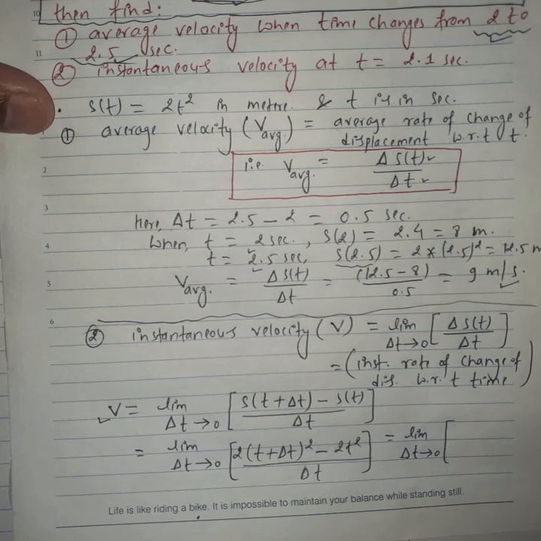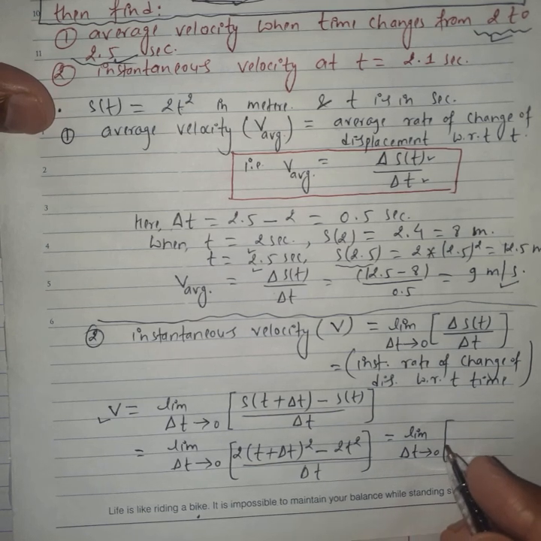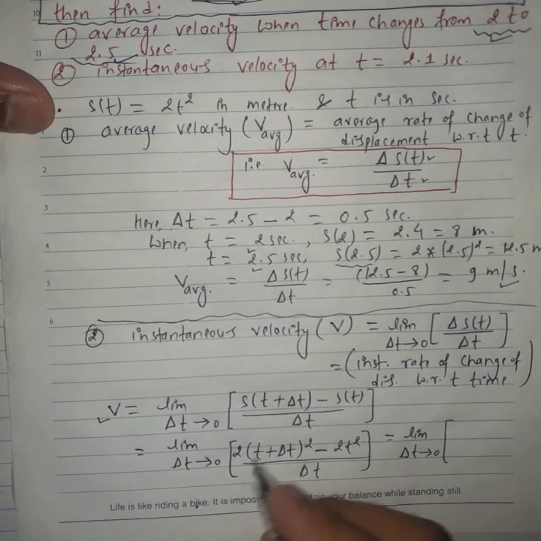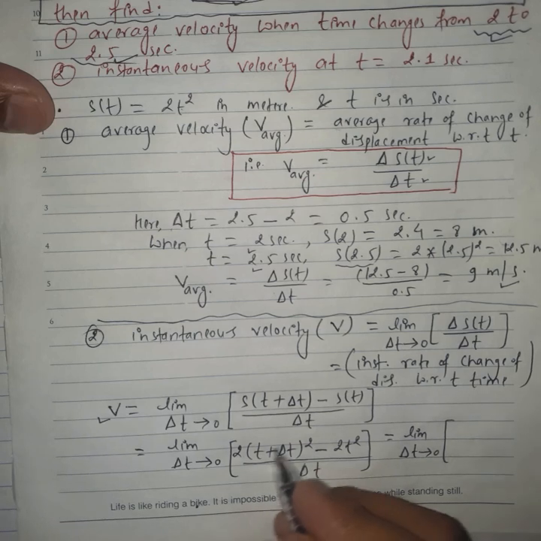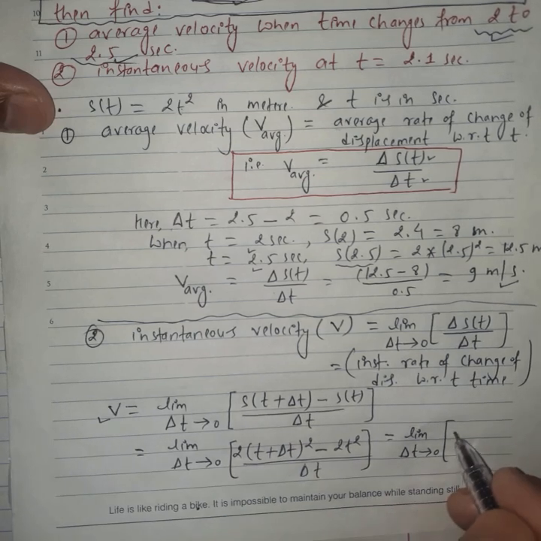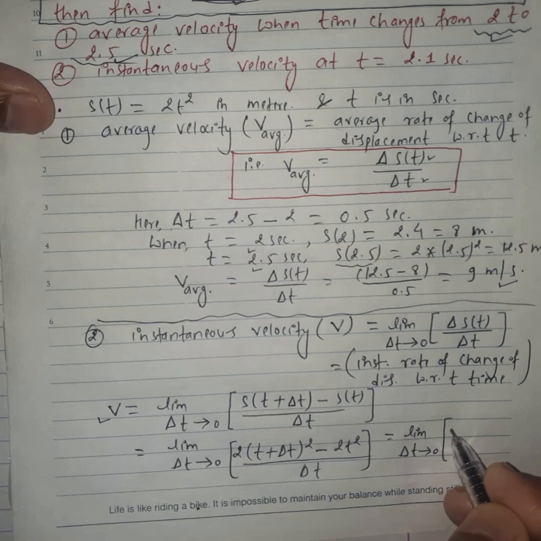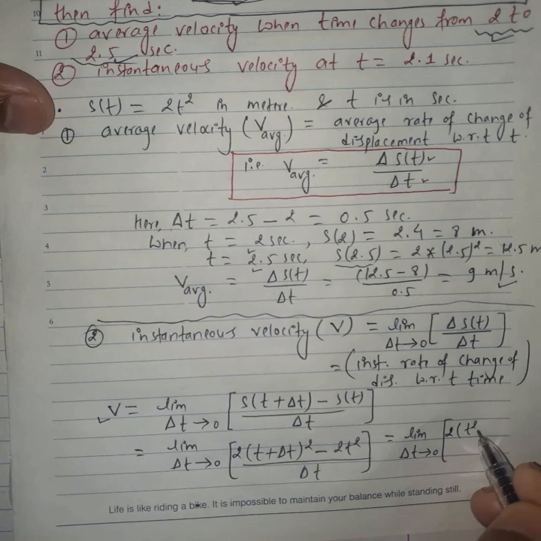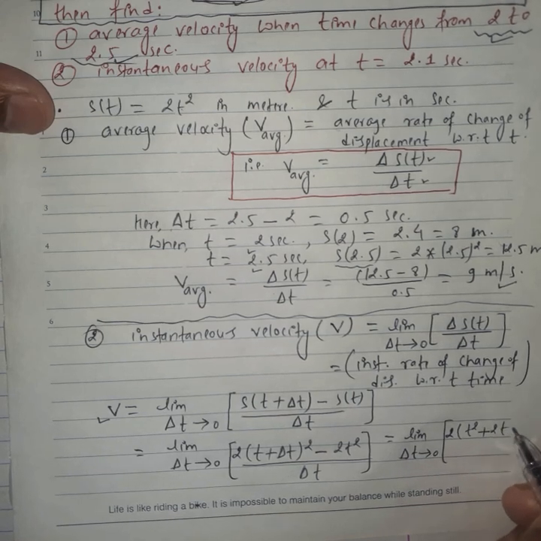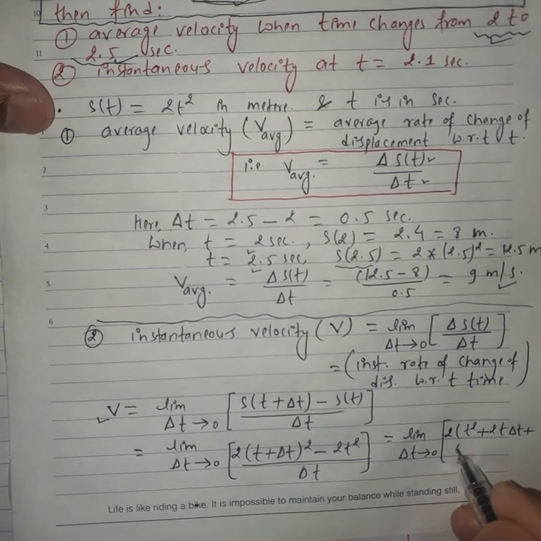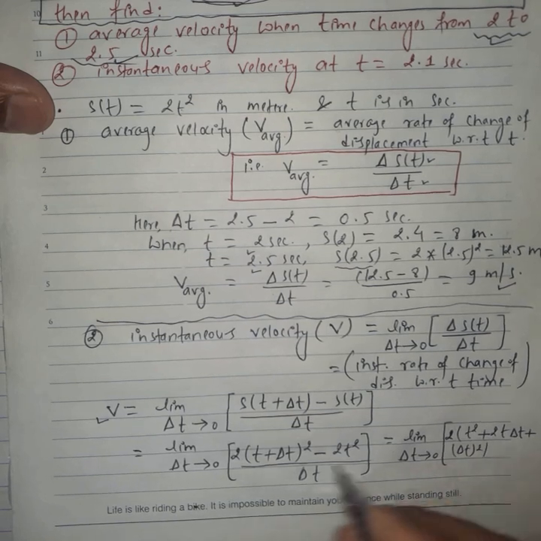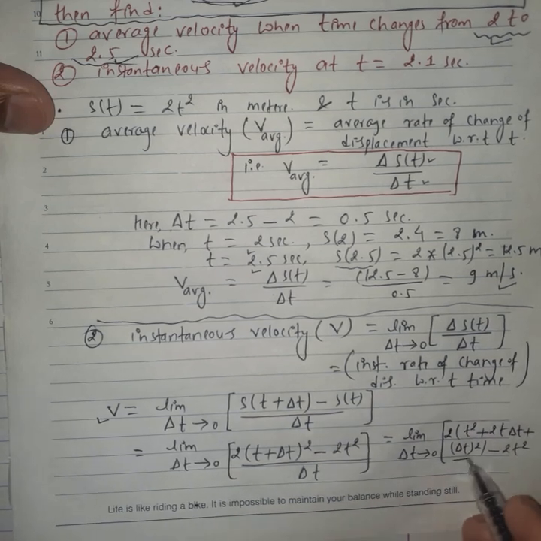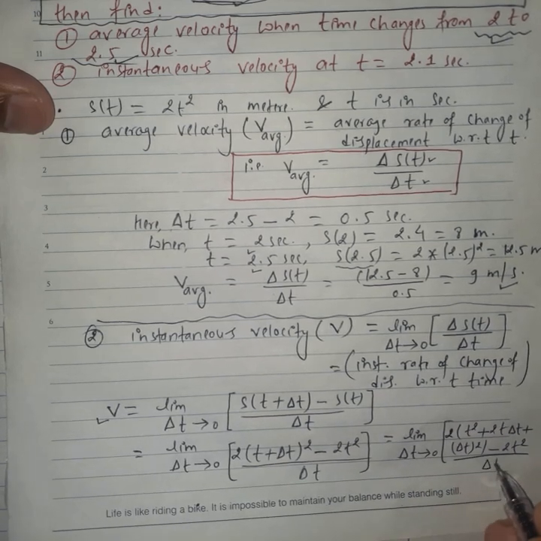Let me simplify it. Let's open this parenthesis. 2 times, using the formula of (a plus b) whole square, t square plus 2t delta t plus delta t square, minus 2t square, all over delta t.